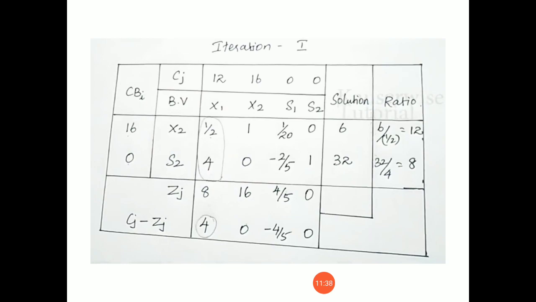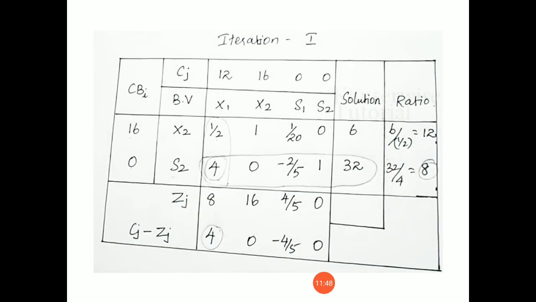The next step is to find the minimum value in this ratio column. Now the minimum value is 8, as it can be seen very clearly that among 12 and 8, 8 is the minimum, and the row corresponding to 8 will be taken as the key row, which I have encircled using this pencil.